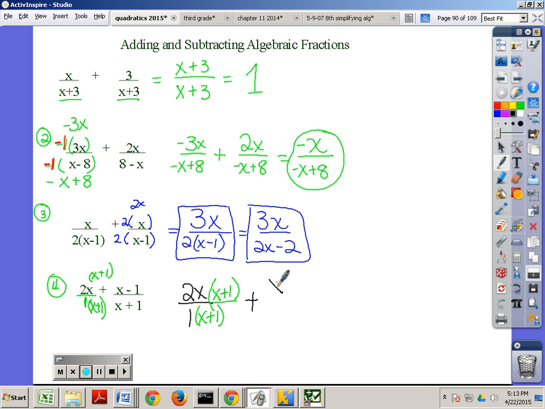And we did nothing to the other fraction. So this part here, 2x times x plus 1, we distribute, becomes 2x squared plus 2x.